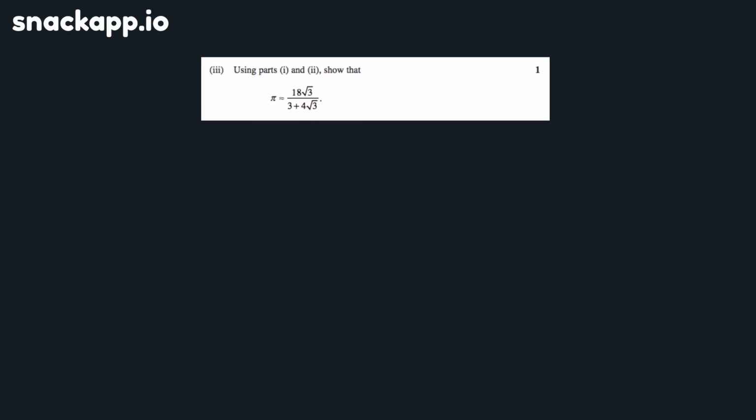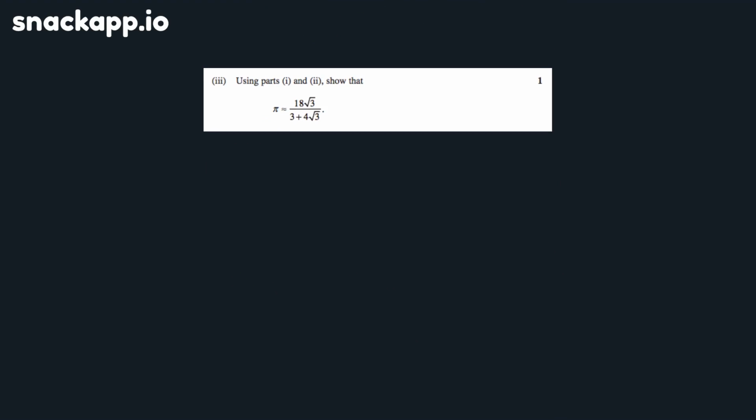So for the last part, we're going to have to use part I and part II to show that pi is approximately equal to this. The way we can do that is we found two different values for the integral. So I, the integral between pi on 3 and 0 of cos x dx, right? We have the exact value we got by integrating, and we also have the value we got using Simpson's rule.